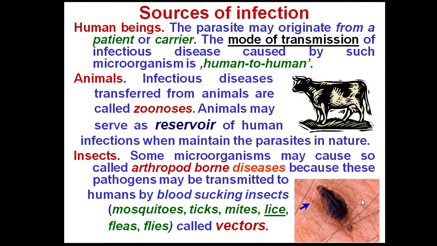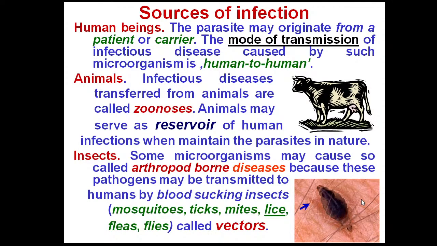For example, I would like to give an example of zoonotic diseases. This is, for example, plague caused by Yersinia pestis. Normally, it occurs in wild or domestic animals and spreads within animals, but it can also be transmitted to humans.